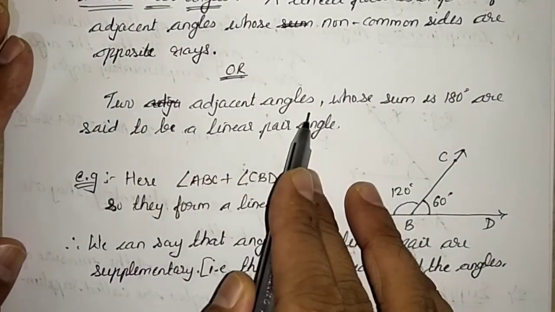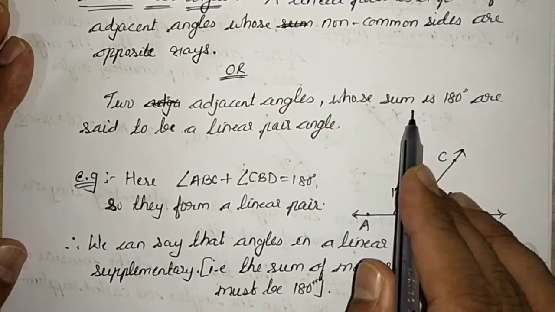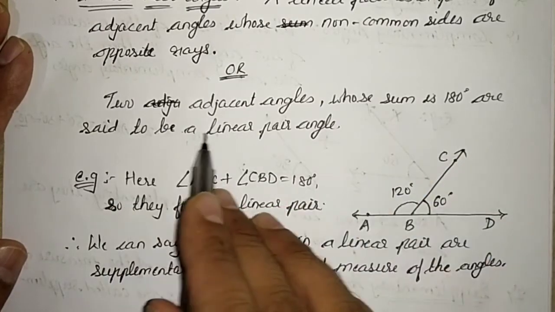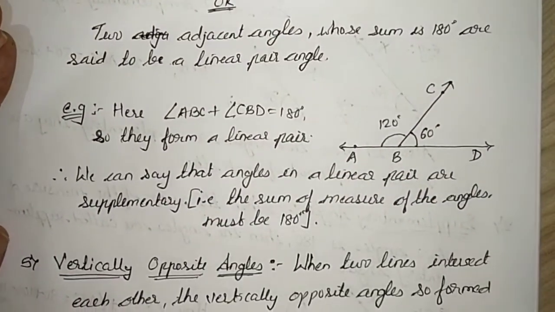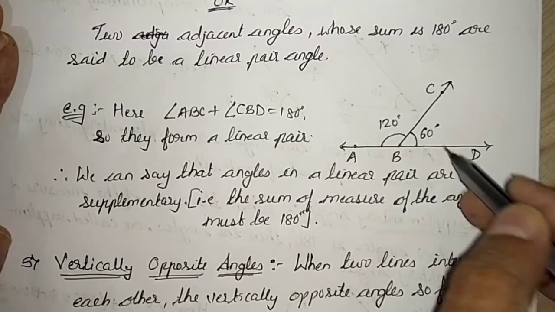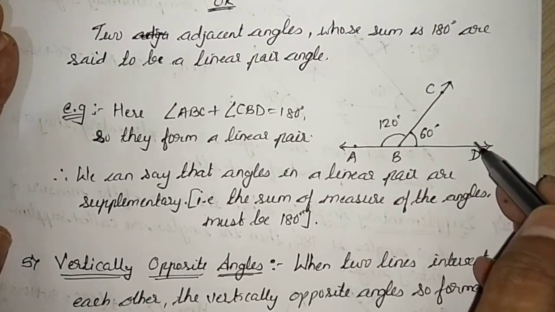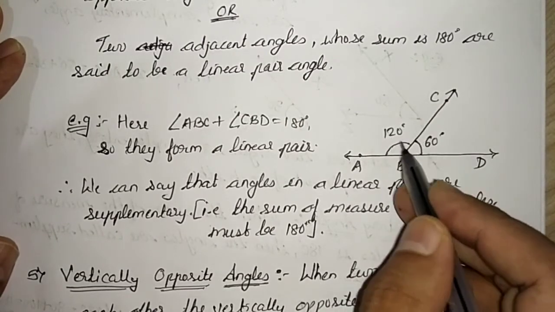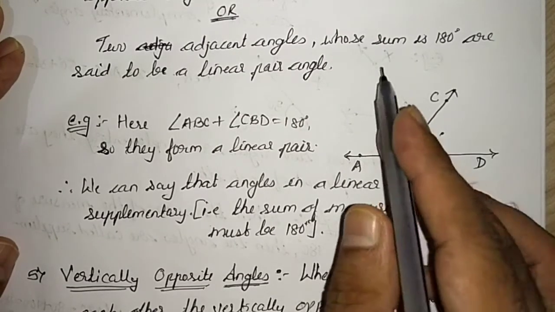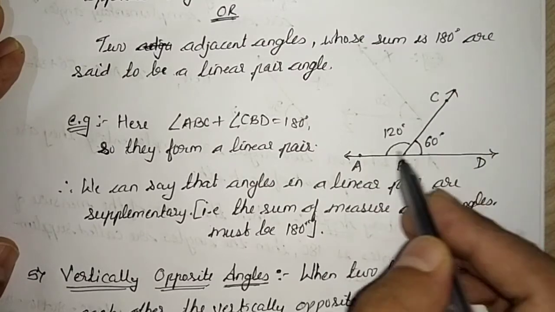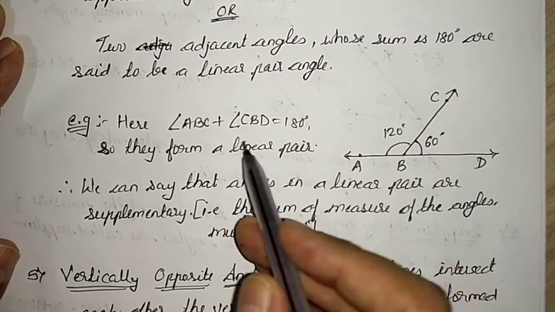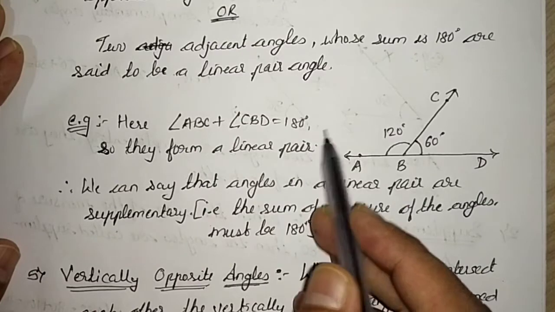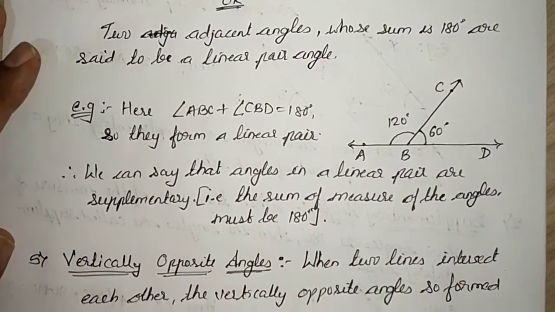Two adjacent angles whose sum is 180 degrees are said to be linear pair angles. That means ABC and CBD are two adjacent angles. If their sum is 180 degrees, 120 plus 60, they are called linear pair angles. Here ABC plus CBD is 180 degrees, therefore they are linear pair angles.